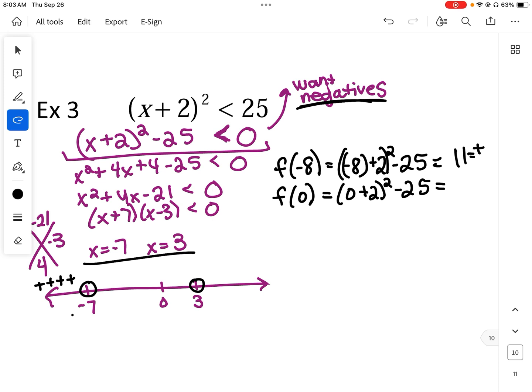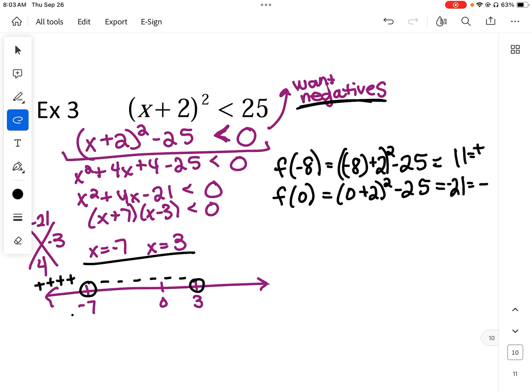So 4 minus 25, it's going to be -21, which is a negative number. Because whenever I plug in x equals 0, the output is -21. So that's going to be negatives in that area.